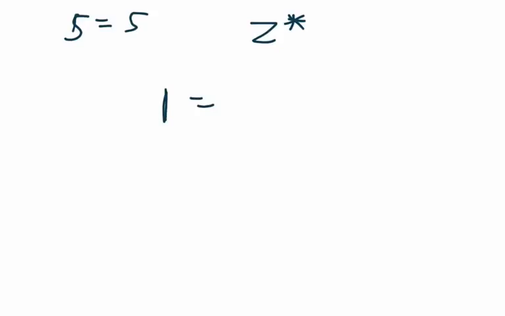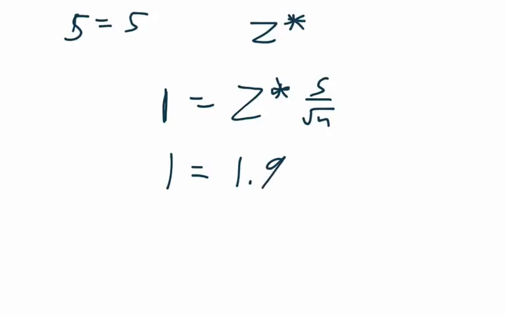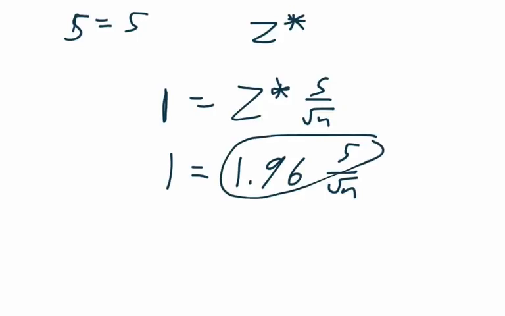So 1 equals z star sigma over the square root of n. Since we're doing a 95% confidence interval, that's the 1.96. The standard deviation is 5 divided by the square root of n. And multiply these two together, and that turns out to be 9.9 over the square root of n equals 1.